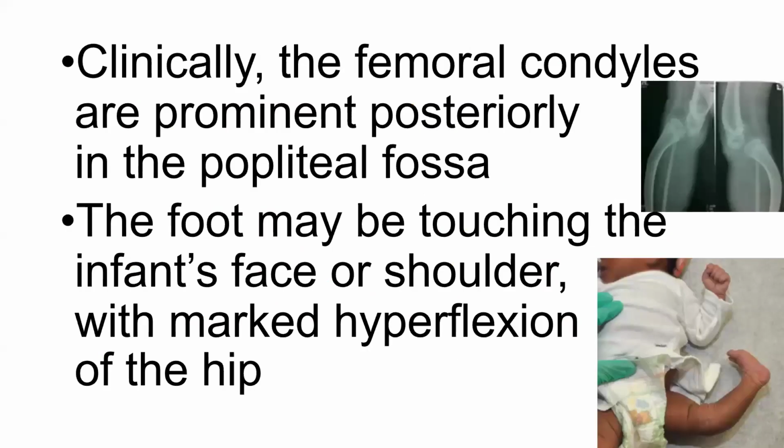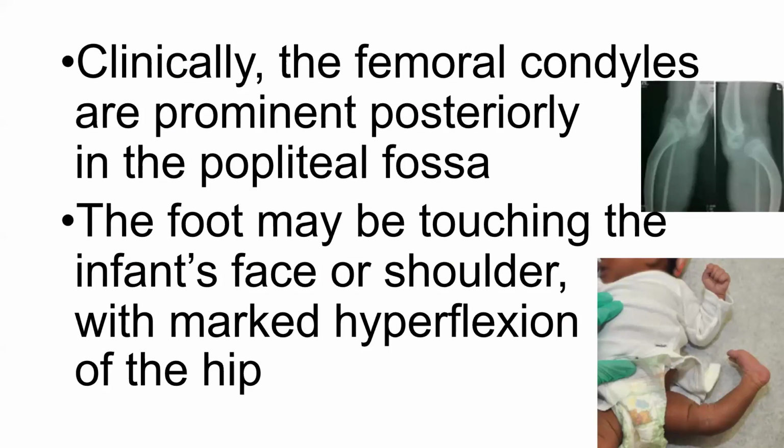Clinically, the femoral condyles are prominent posteriorly, of course, in the popliteal fossa. Why? Because the tibia is dislocated anteriorly. You feel the femoral condyles posteriorly. The foot may be touching the infant's face or shoulder with marked hyperflexion of the hip. The hip hyperflexes, the knee is hyperextended, therefore the foot may reach the face.